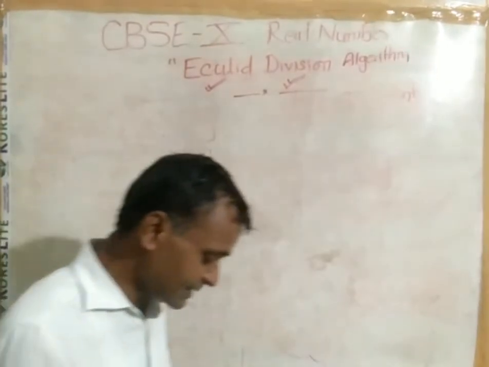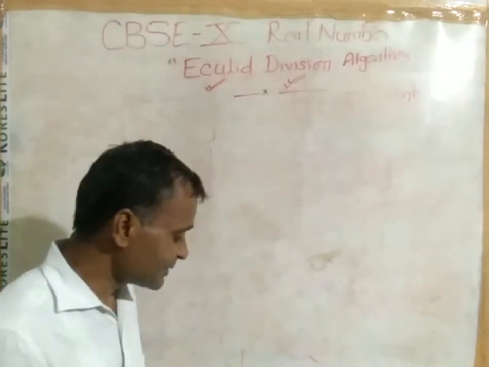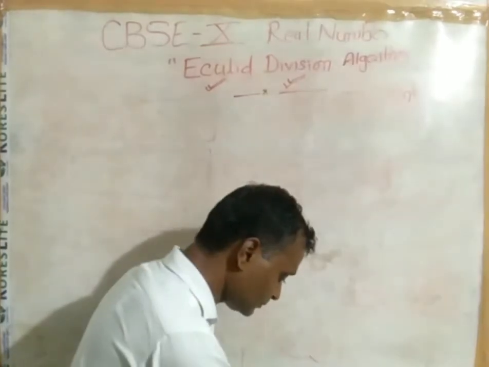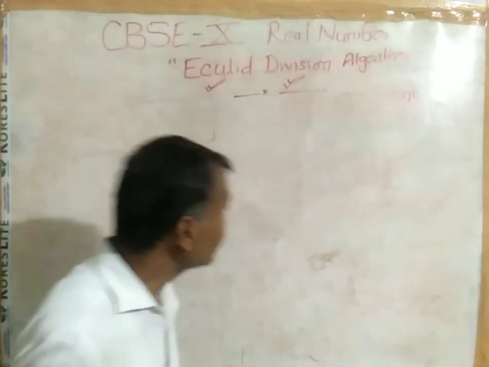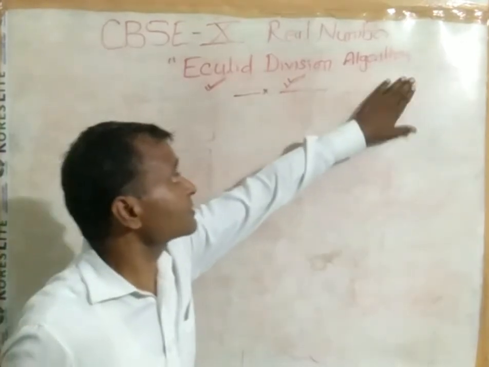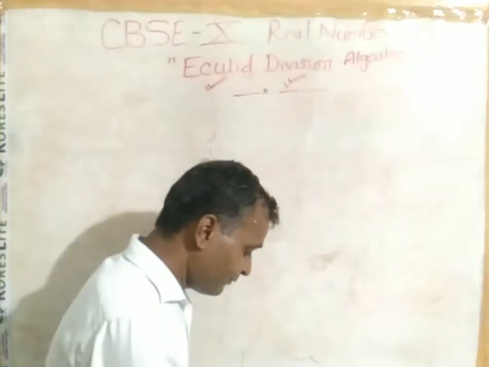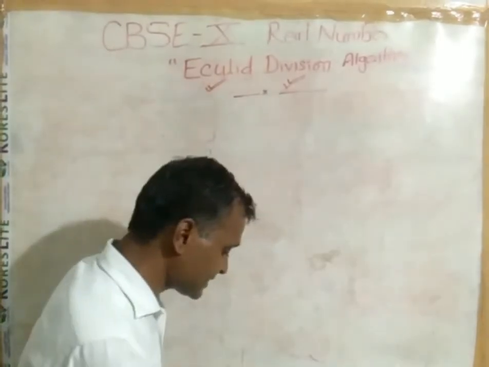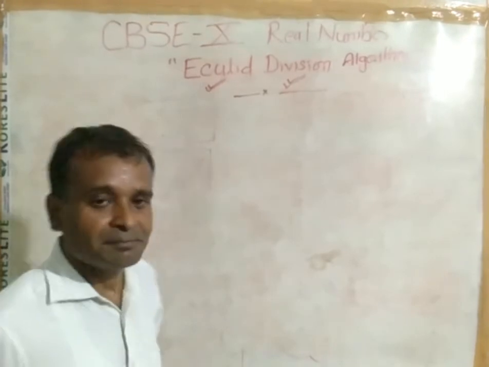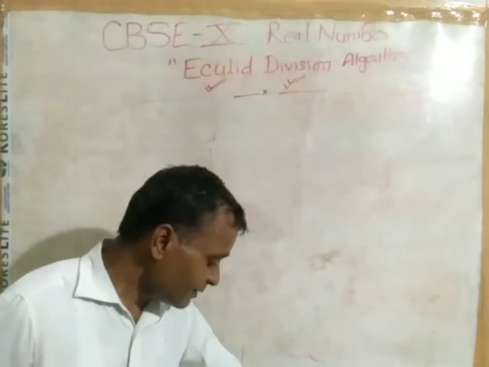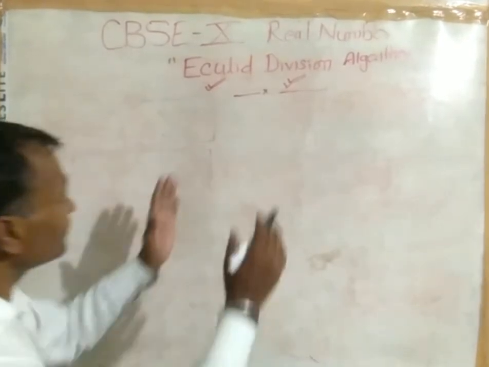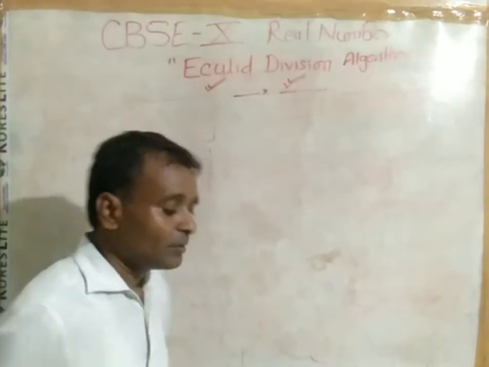Our next topic is related to Euclid division algorithm. An algorithm is a series of well-defined steps which gives a procedure for solving a type of problem.